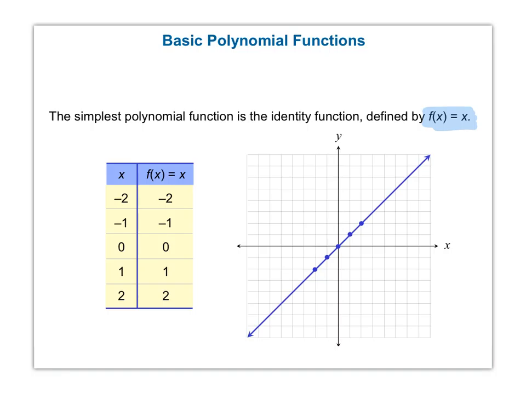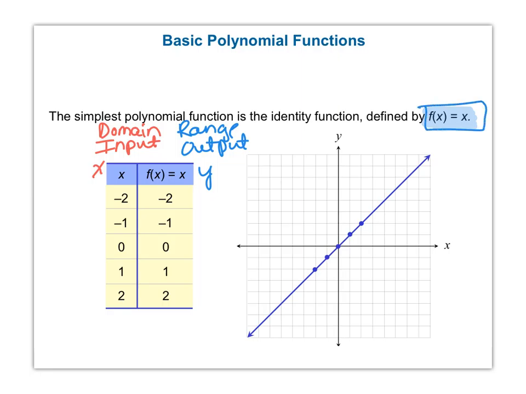So domain is the input values, and those are expressed as x values. The range is your output values, and that can be expressed as the y values. So when you are evaluating this function, f of x equals x, you plug in these input values for x, and what you get out are the output values of y.